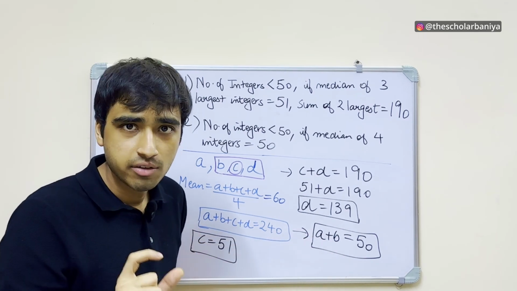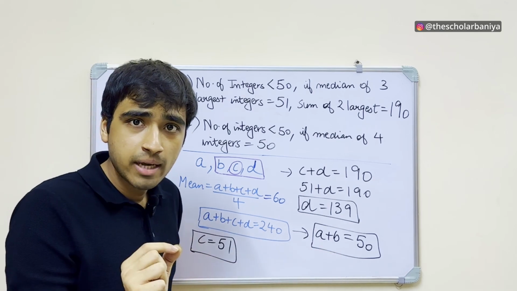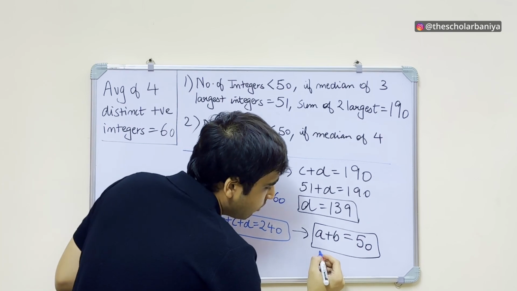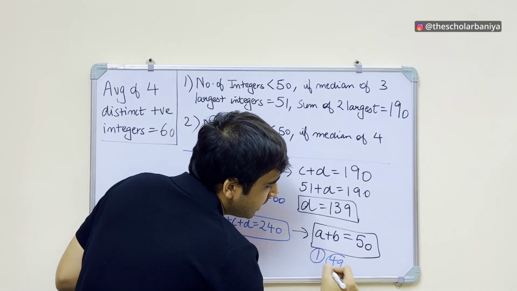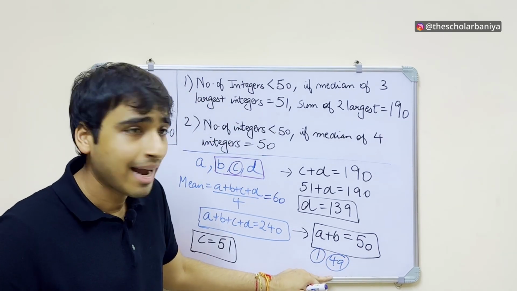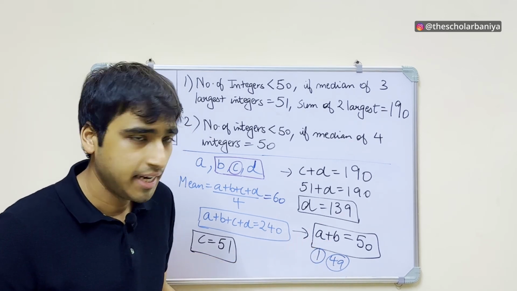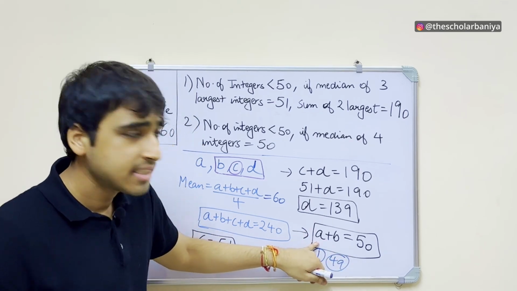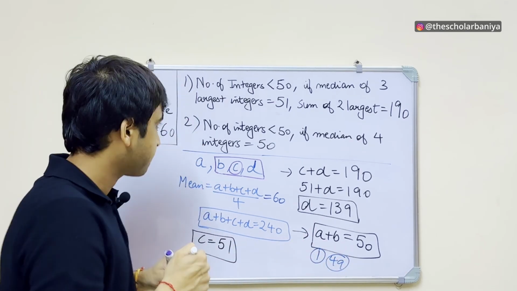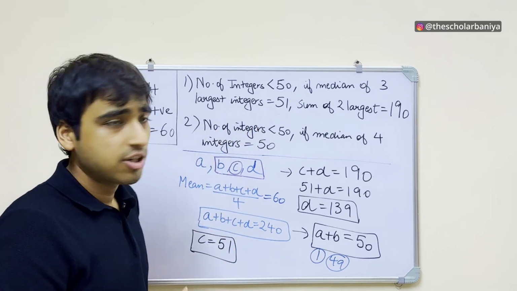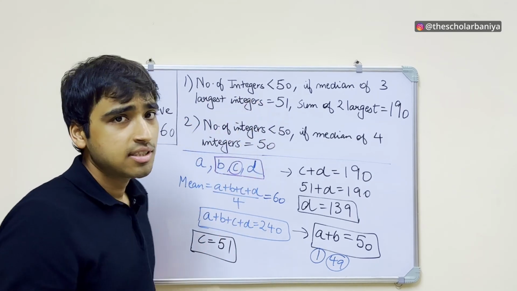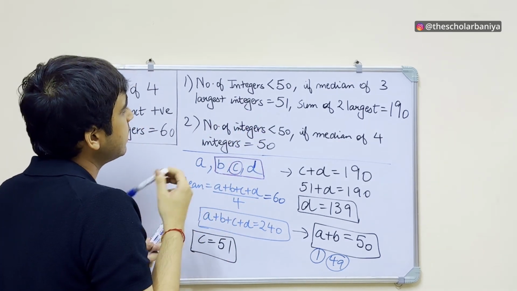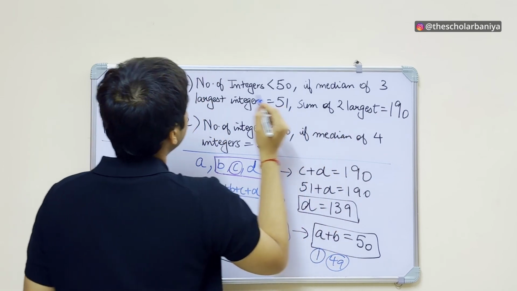The extreme case is a = 1 and b = 49, or vice versa, so both a and b are less than 50. This was what we were asked, the number of integers less than 50. So for this part, the answer is 2.